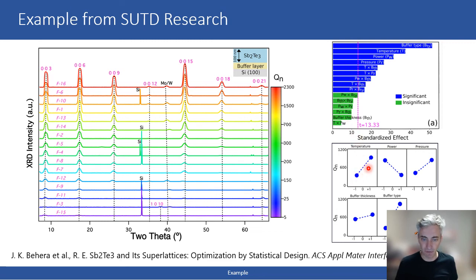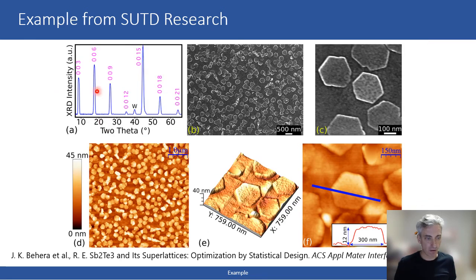He also plotted the main effects plots, and with these main effects plots, he was able to create a statistical equation, an empirical equation to predict how high quality crystals could be grown. And after following this process, this factorial design process, Jitendra achieved beautiful hexagonal crystals.